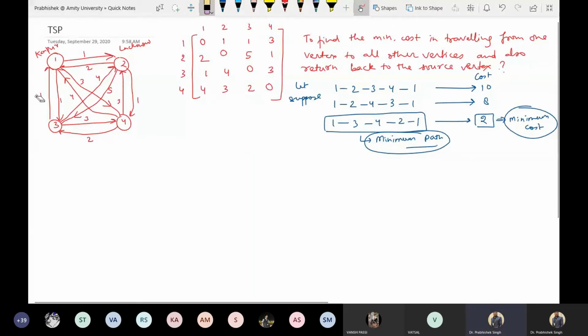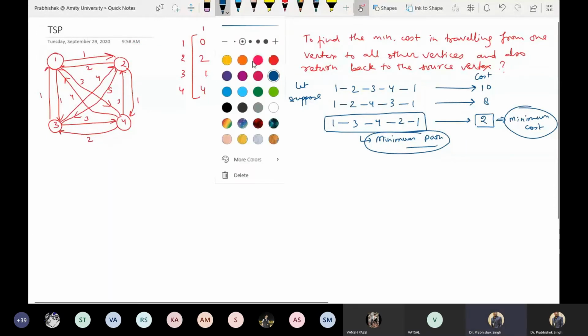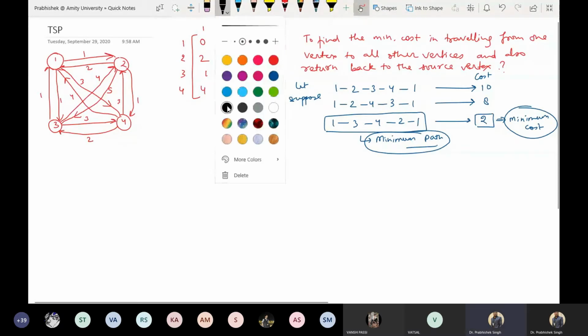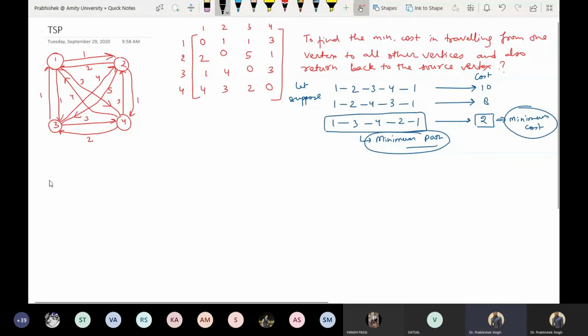Now let's start the problem. Let's say we are currently standing at 1, and we have to find the minimum cost from 1.